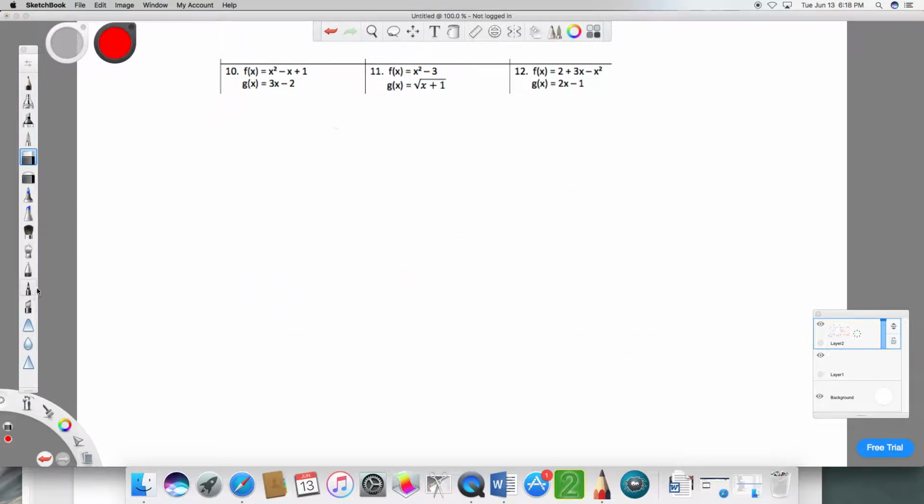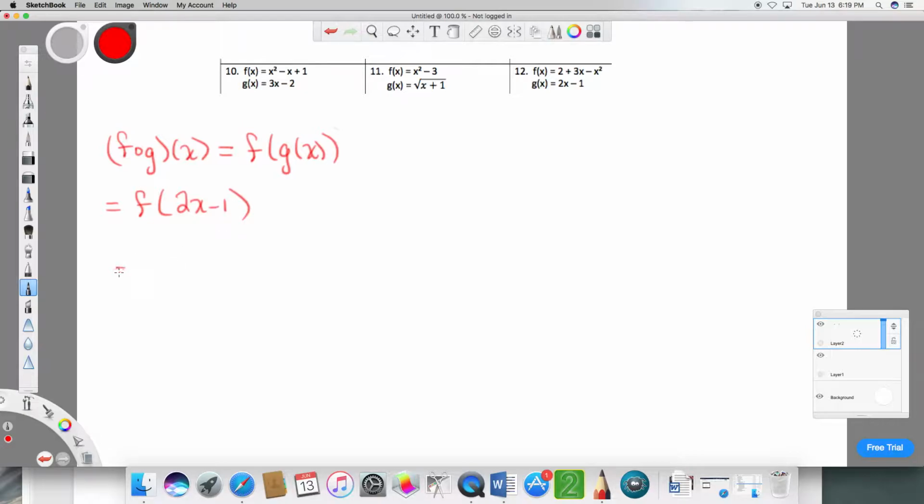Let's take a look at number 12. We can use these two functions to build a new function, f composed with g, where g is the input for f. G is the function 2x minus 1.